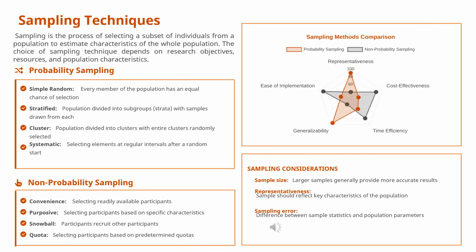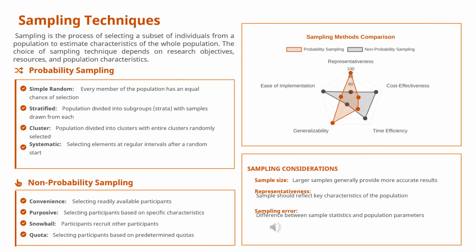Then another type of probability sampling is the cluster sampling technique, which involves randomly selecting entire groups such as neighborhoods and then studying all individuals within those selected groups for a community health assessment. Then we also have the systematic sampling technique, where you select elements at regular intervals after a random start.